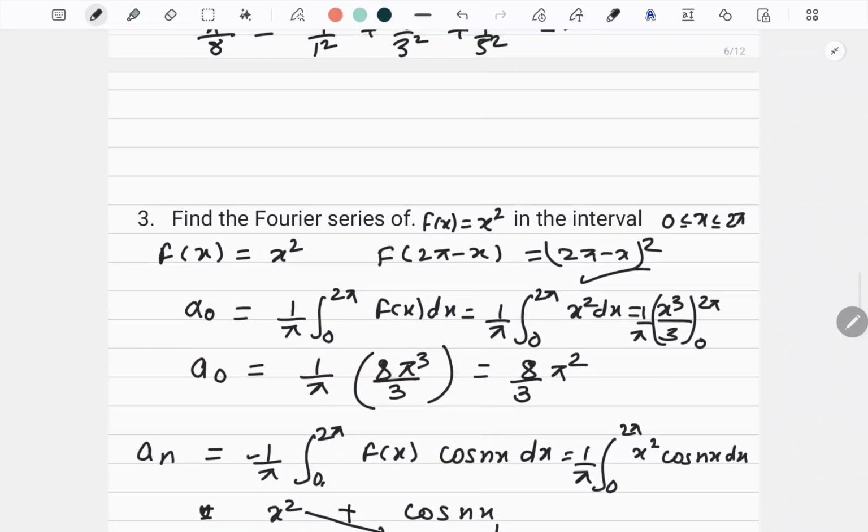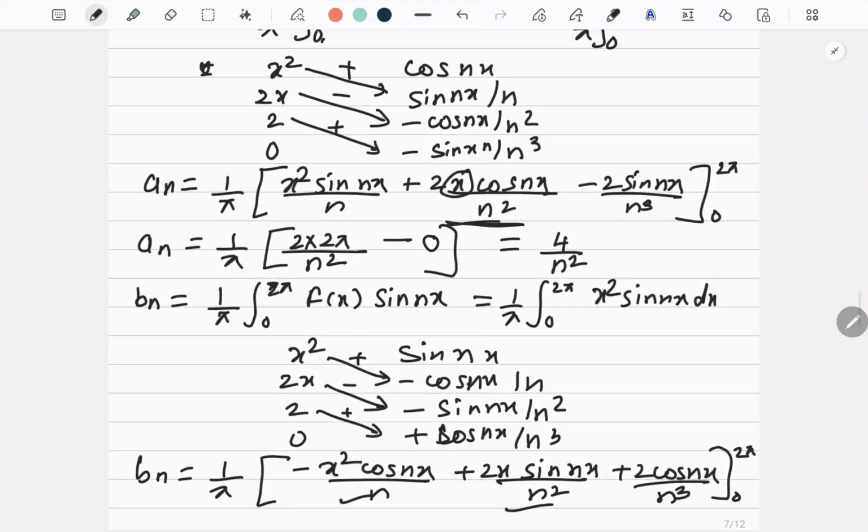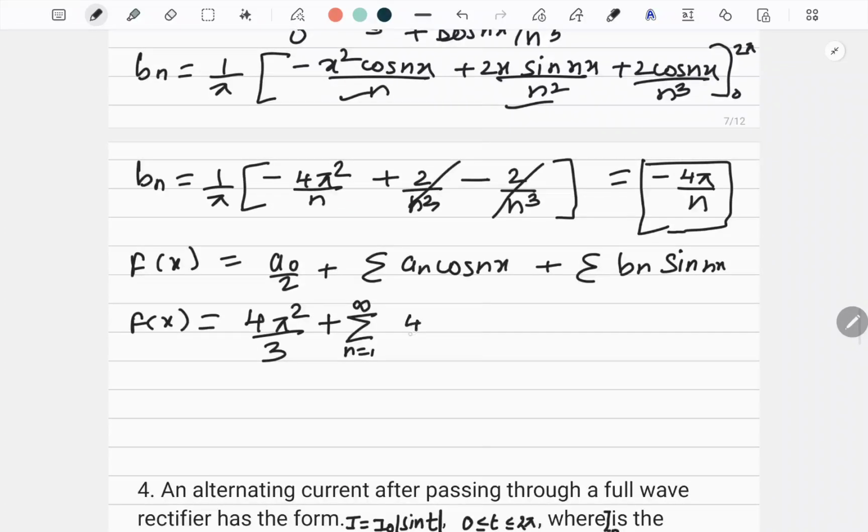Let me just check whether it is cube or square. 4 pi square by 3 plus summation n is equal to 1 to infinity. What is the value of an now? An was 4 by n square, so 4 by n square cos nx. Plus summation bn. Bn is what? Minus 4 pi by n sin nx. So this is the answer. If you want, you can expand it and write, or you can leave it like this also.